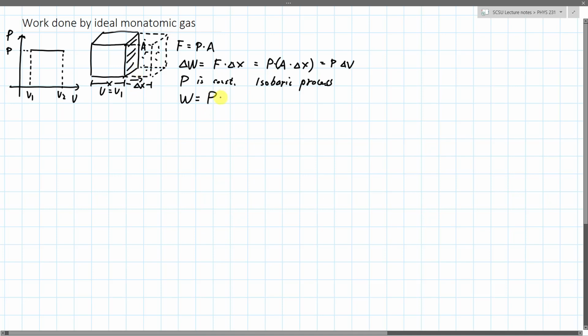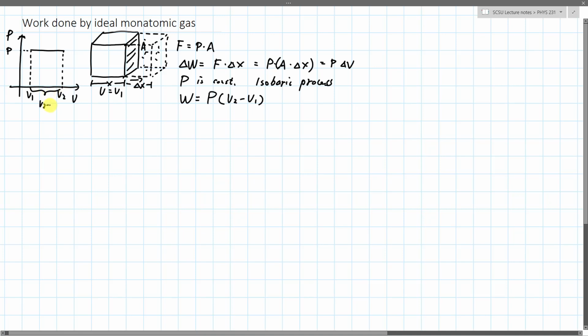So that will be, because the P here in our small amount of work is P, and it's still P because it's constant. And then the small change of volume is replaced by the more dramatic change of volume that we can see on the axis, right? This V2 minus V1. And if we look at the diagram, V2 minus V1 is actually this, right?